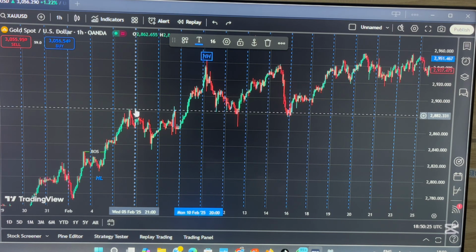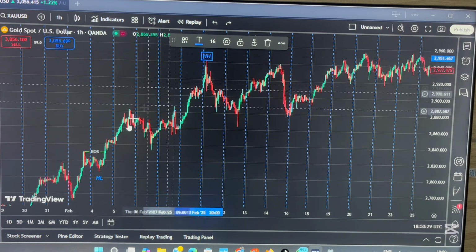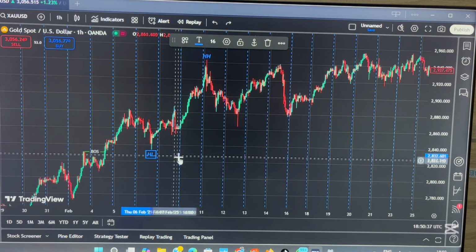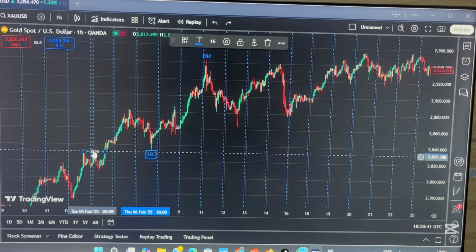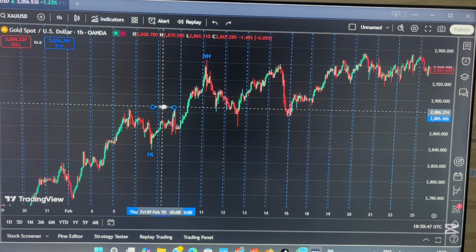After the market broke this high and we took our profit here, another high was created here, making this to be our new low. Here now is the new low. If you observe, you will see that there was a break of structure at that area.